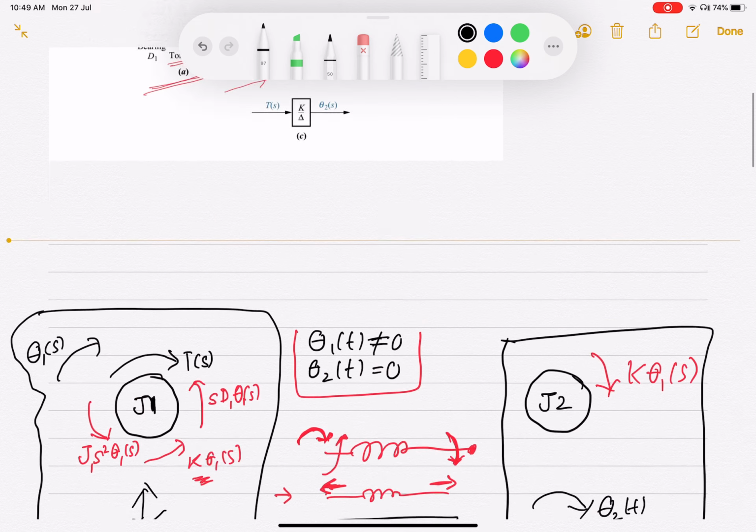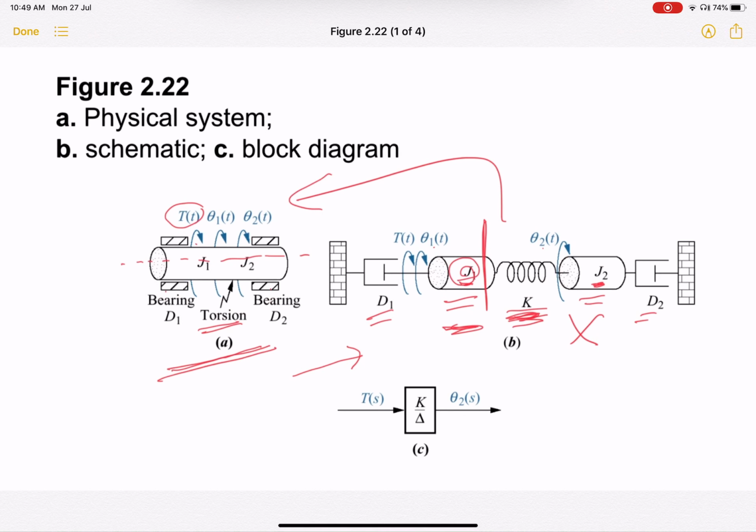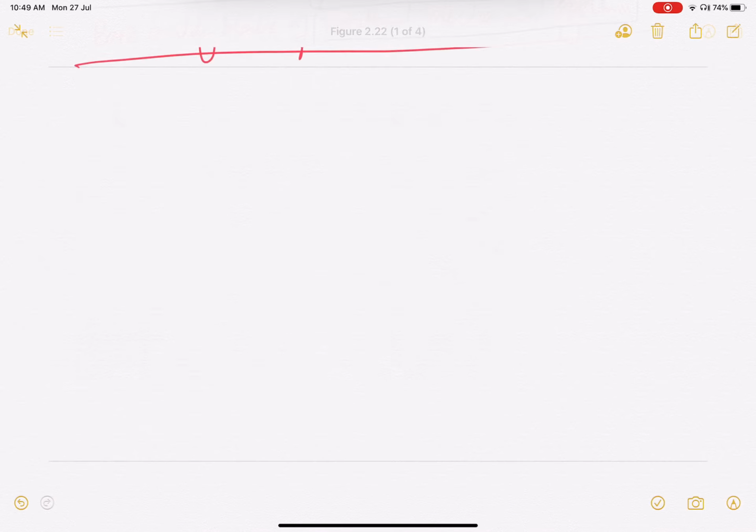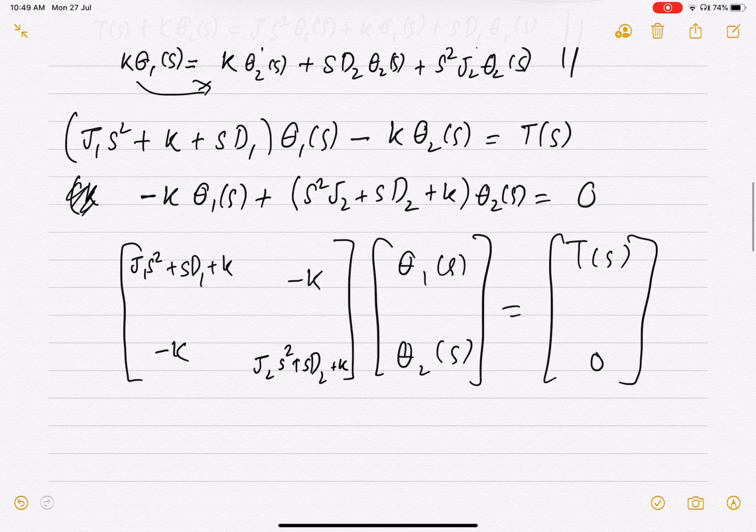If you see the diagram, all the impedances connected to theta 1 are J1 s squared, K, and D1 s, and all the impedances connected to the angular displacement theta 2 are J2 s squared, D2 s, and K, and what is common between the two is K. And that's what you have got here. Now you can very easily find whatever transfer function you want.